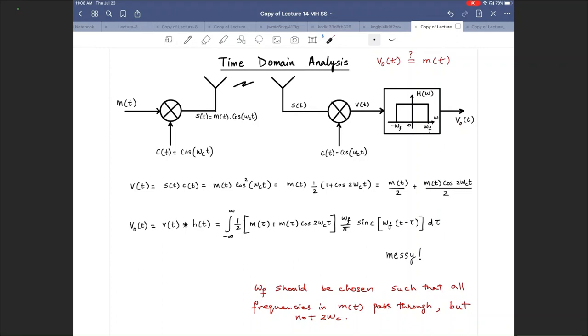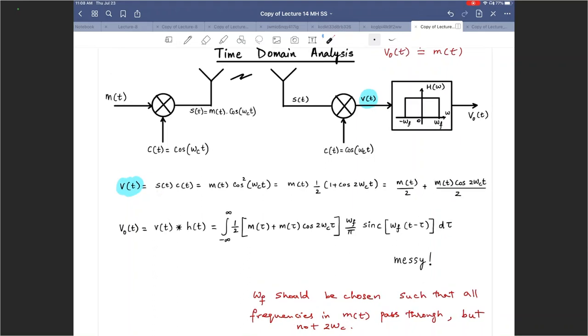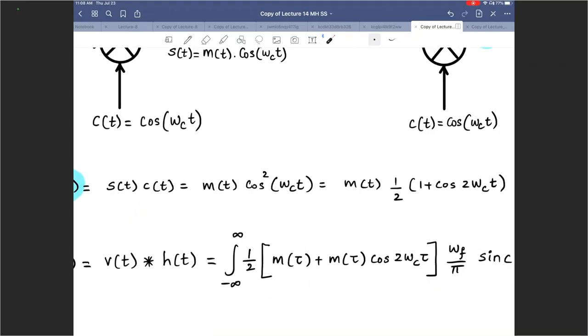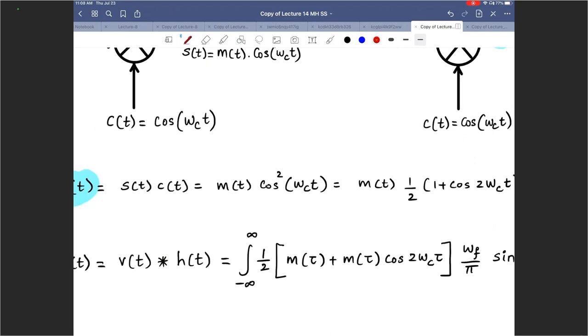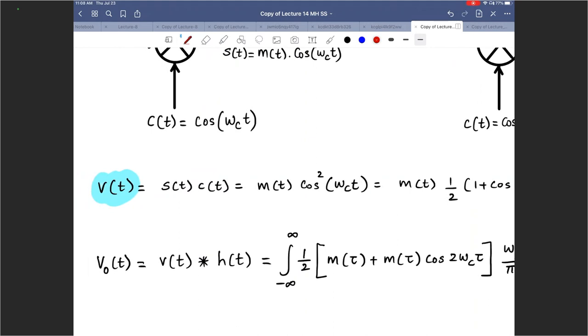So let's do a time domain analysis on this. We start with v of t. v of t is s multiplied by c, so s of t multiplied by c of t. We can write s of t as m of t multiplied by c of t, cosine omega c t, which means that v of t is m of t, the message, multiplied by c of t.